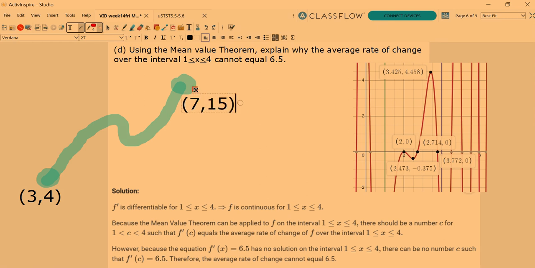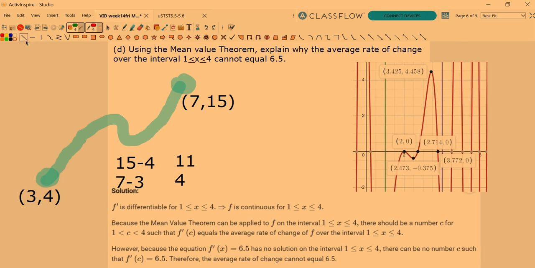If you subtract these two, y sub 2 minus y sub 1 over x sub 2 minus x sub 1, you'll get 15 minus 4 over 7 minus 3, which becomes 11 over 4. That is the slope in between these two endpoints.